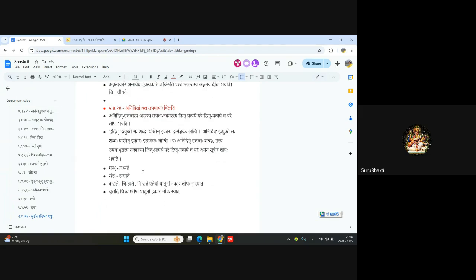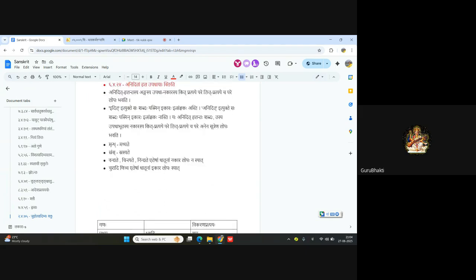First, I will explain in a simple way. This month is there, na? This nakara will get lopa. It becomes mathyate by this sutra. The simple explanation is this: Srams is there. In Srams, this anuswara is nakara, nothing but nakara. That anuswara disappears by this sutra.